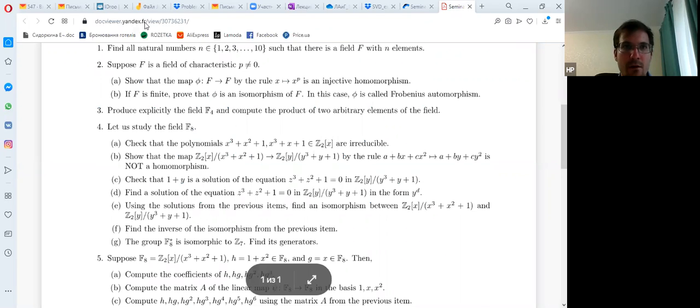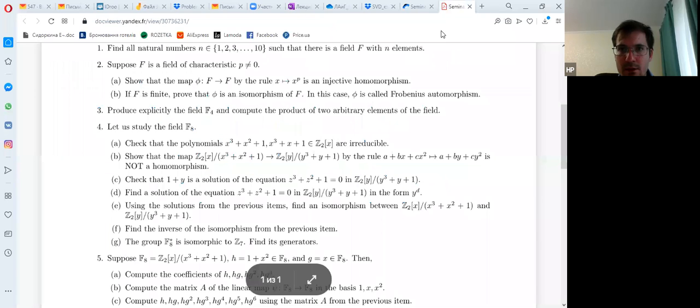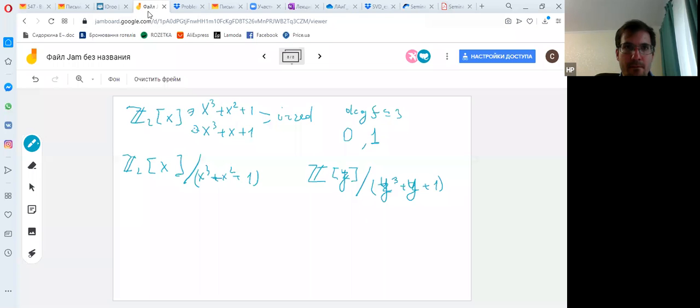No, not z but y. Here is y, and so on. And we want to consider ax squared plus bx plus c. What are the elements of this field?